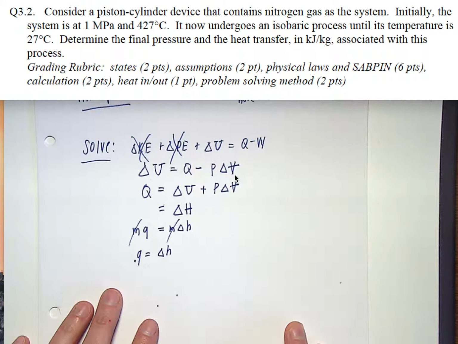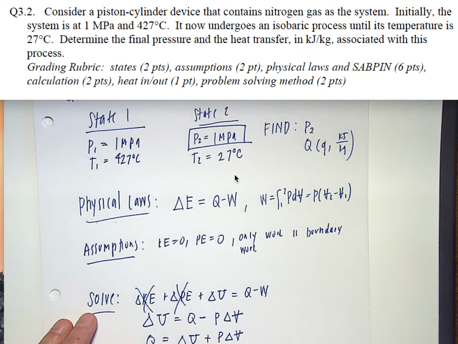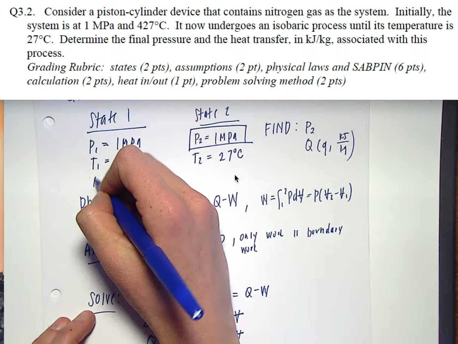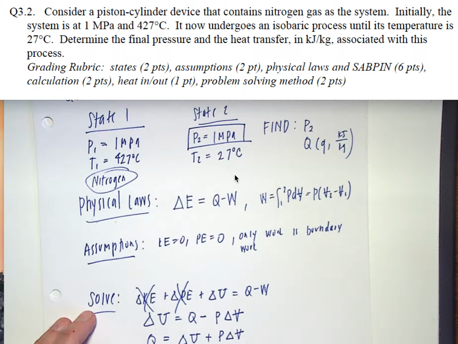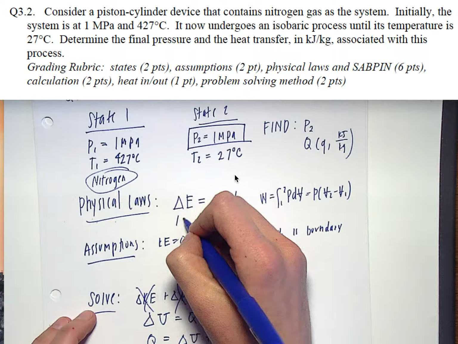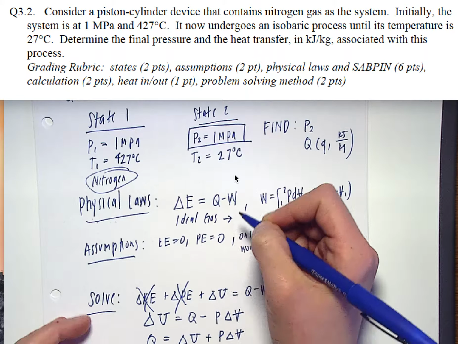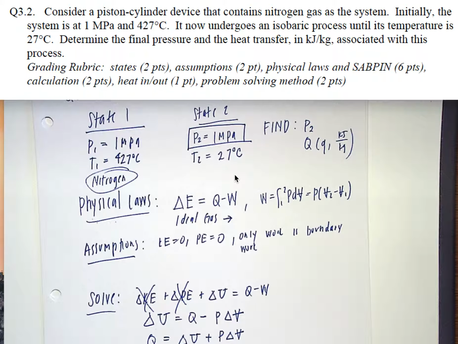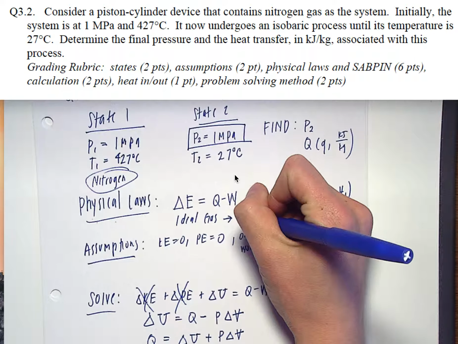Now, looking back at this substance, the substance is nitrogen. So we can assume an ideal gas for nitrogen. And when a substance is an ideal gas, the approximation for internal energy, or enthalpy, can be simplified a lot by just using specific heats.